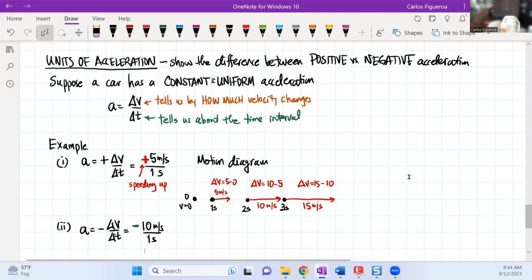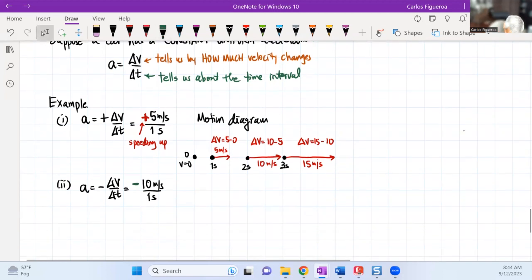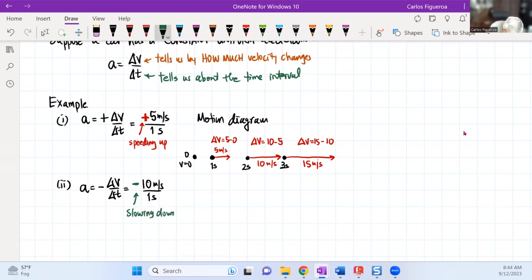So this sign right here tells me immediately that I am slowing down. So then here I go. I start with my dots here. Let me put it down a little bit further.